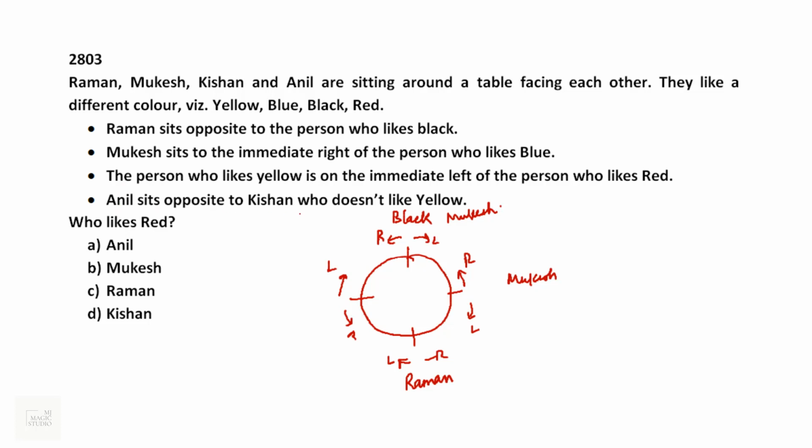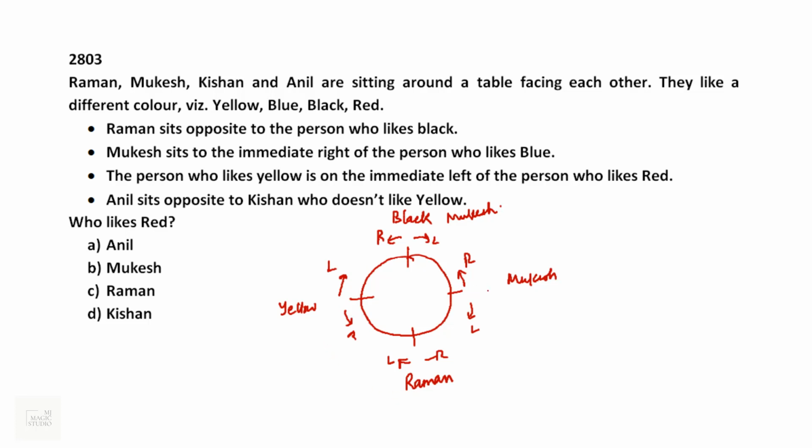Anil sits opposite to Kishan, who doesn't like yellow. The person who likes yellow is on the immediate left of a person who likes red. If Raman likes red, this person likes yellow. If this person likes red, then this person likes yellow, but this is black. That means these two can be the positions.